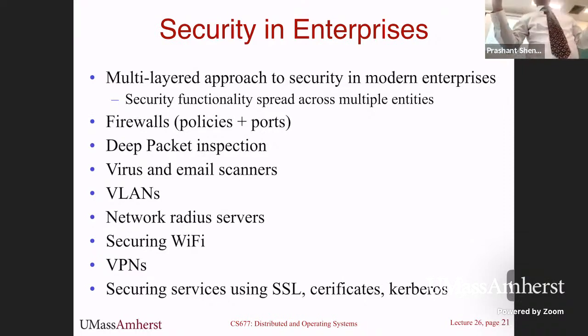If a machine is placed into one virtual LAN, it cannot see traffic or machines in another LAN, even though they're part of the same physical network. You group IP addresses into a LAN group, and only those machines can talk to each other. Even though there may be other machines on that same LAN, they can neither see each other nor communicate with each other. This provides you network isolation.